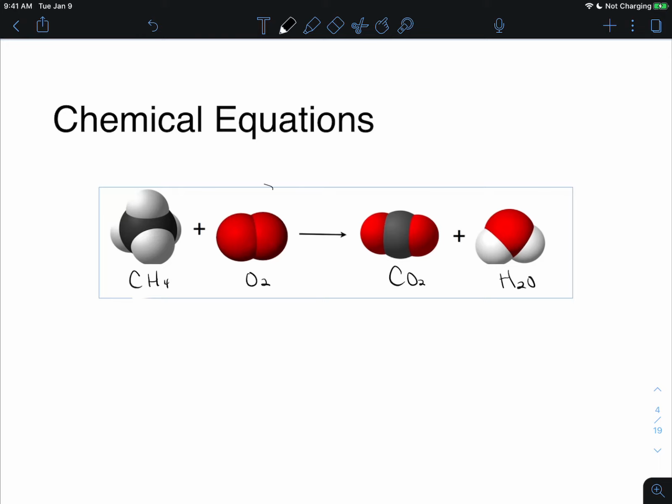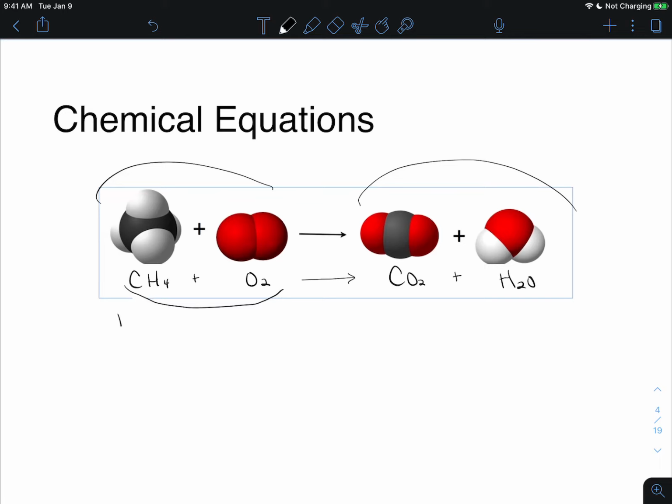The things on the left side are going to react to produce the things on the right side of this chemical equation. So what we see is that our CH4 or methane is going to combine with O2 to produce carbon dioxide, CO2, and water, H2O. So this is how we write a chemical equation right here. CH4 plus O2 goes to CO2 plus H2O.